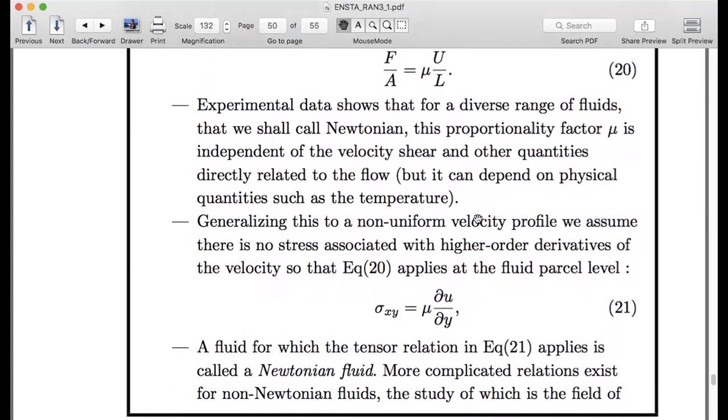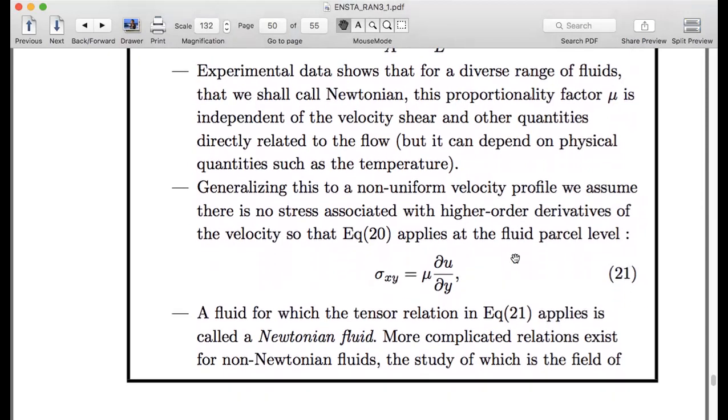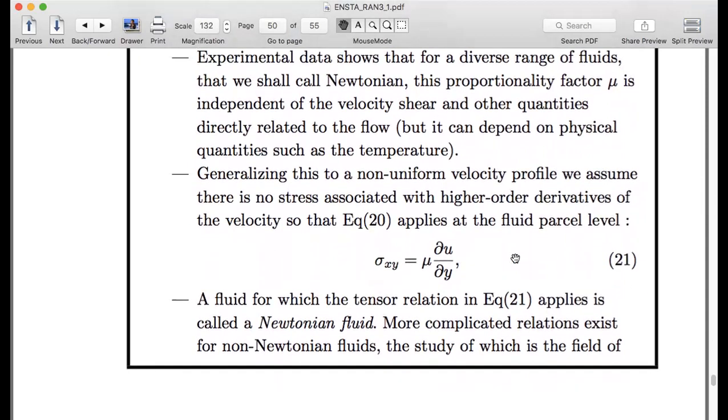Okay, so we worked that out for a very specific controlled situation, but you can imagine that we can generalize this to handle the most general situation.